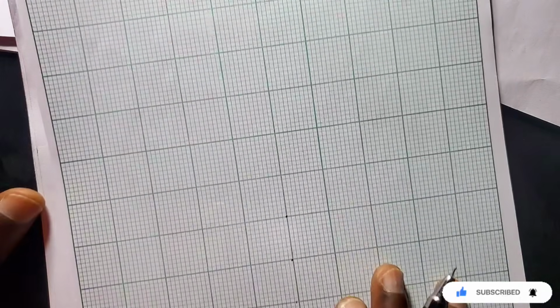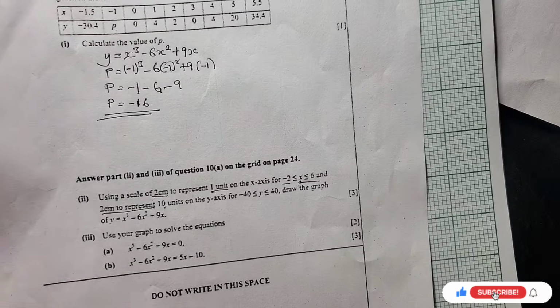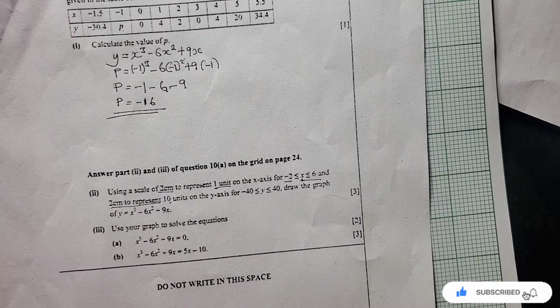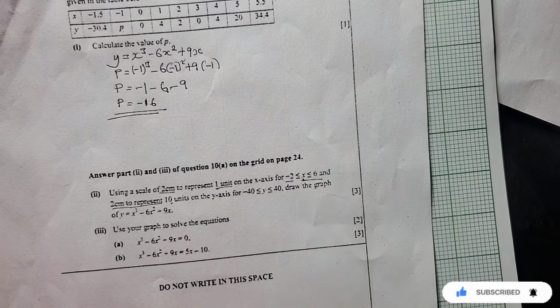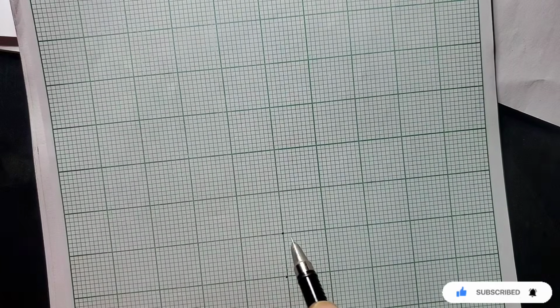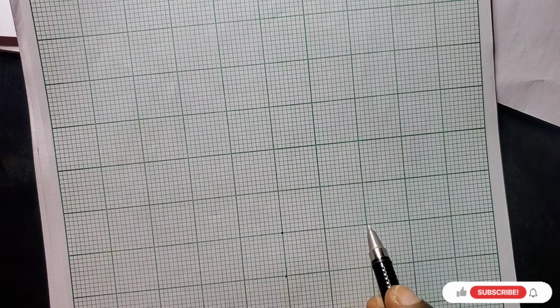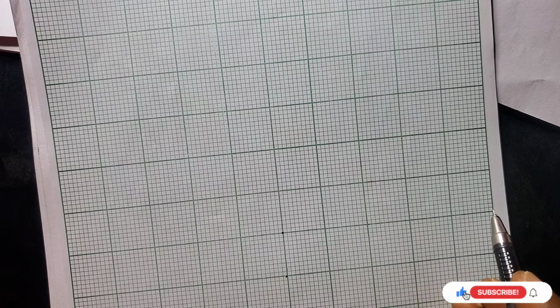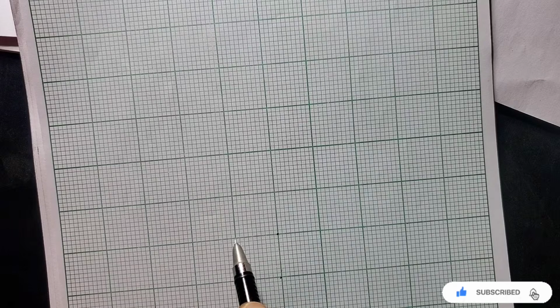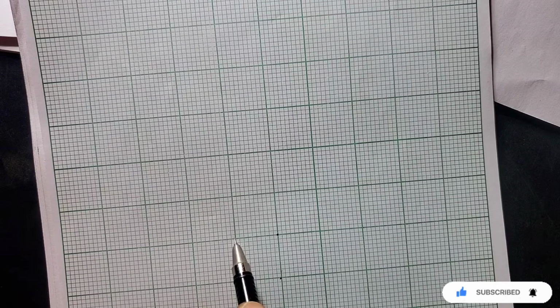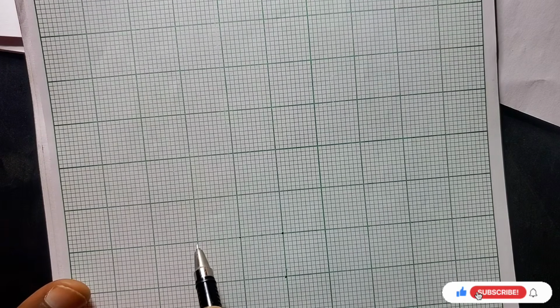Let's check on the x-axis. We're told that 2 boxes represent 1 unit, so on the positive side you should have 6 units. If here is 0, then 1, 2, 3, 4, 5, it doesn't fit, you see. So what you need to do is shift a little bit to this side, just 1 or even 2.